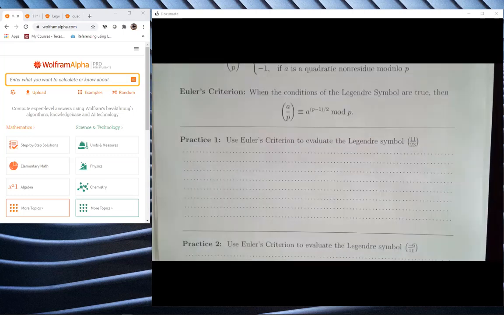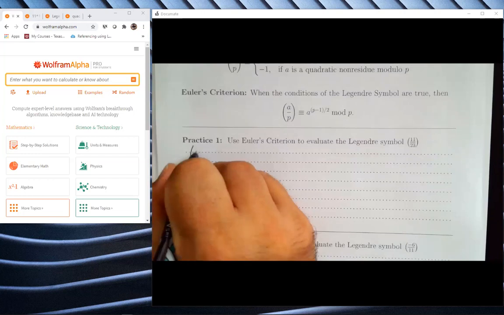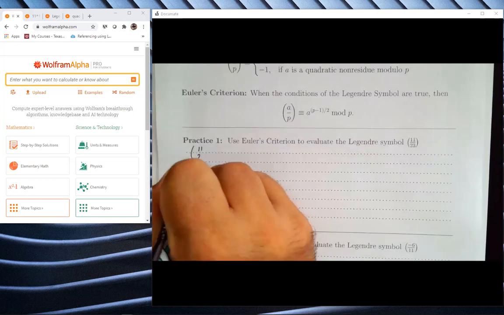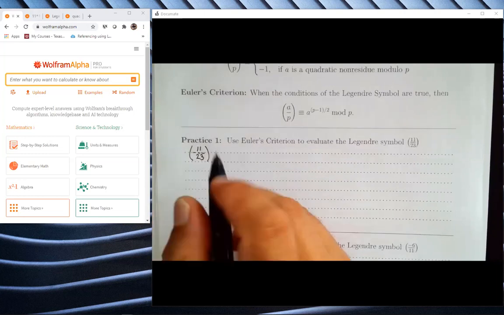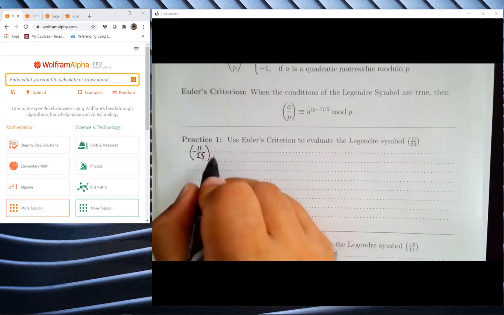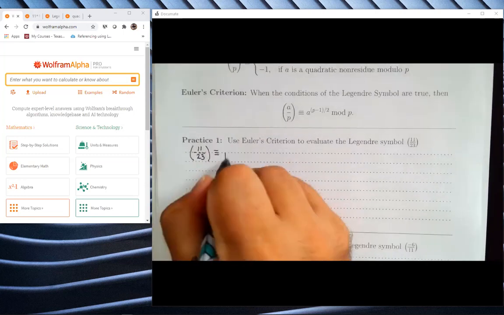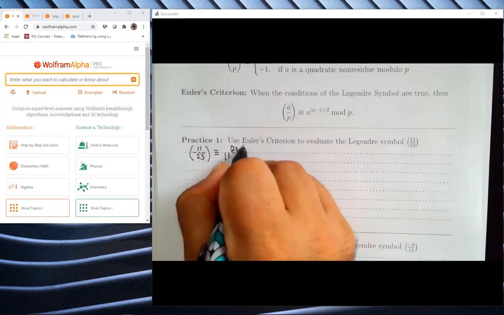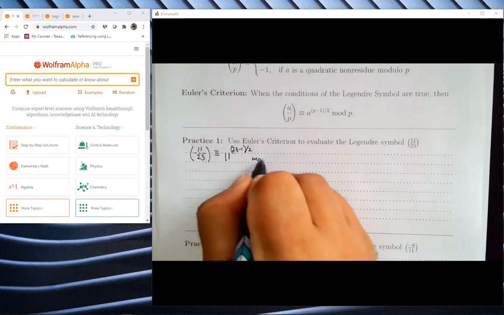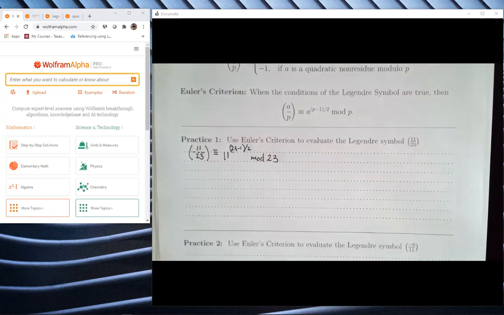Here's what we can say. The Legendre symbol of 11 modulo 23 will be congruent to 11 raised to the (23 minus 1) divided by 2 power, modulo 23. What does that mean for us?